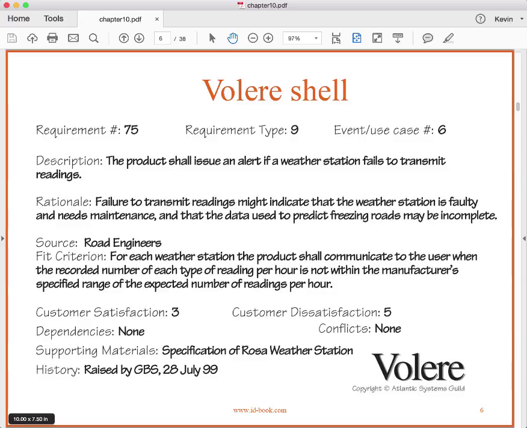Several places in the chapter, you will find examples from a methodology called Volere. At least that's how I would pronounce it. It's an Italian verb meaning to want. So when we're talking about what the requirements are, we want to know what people want.